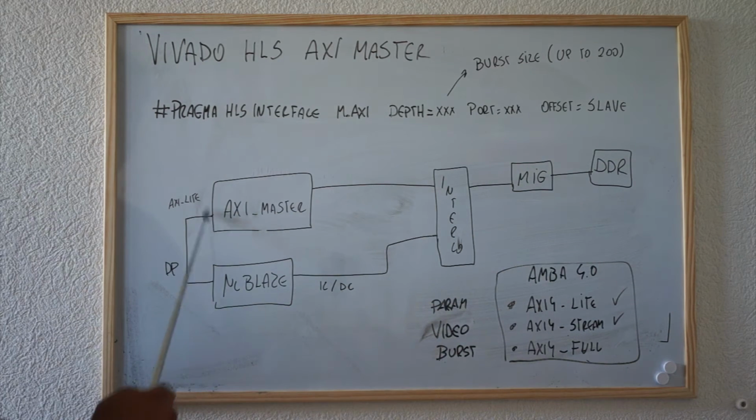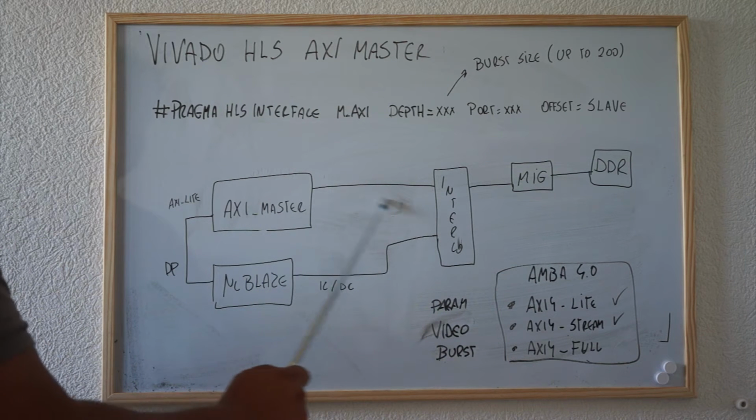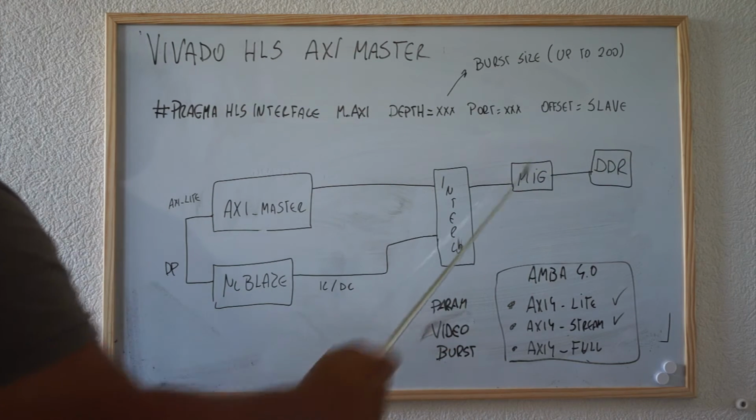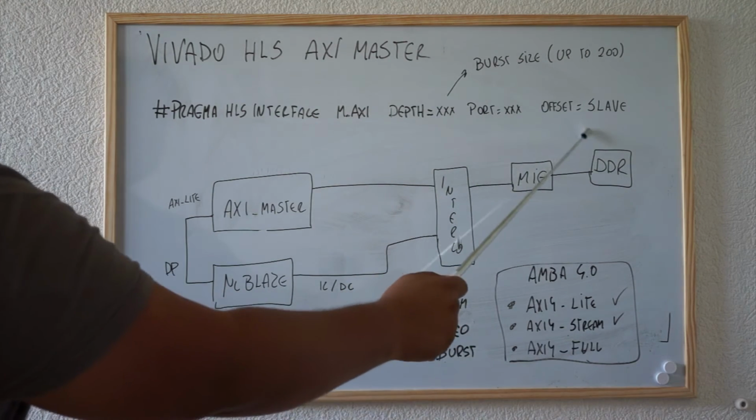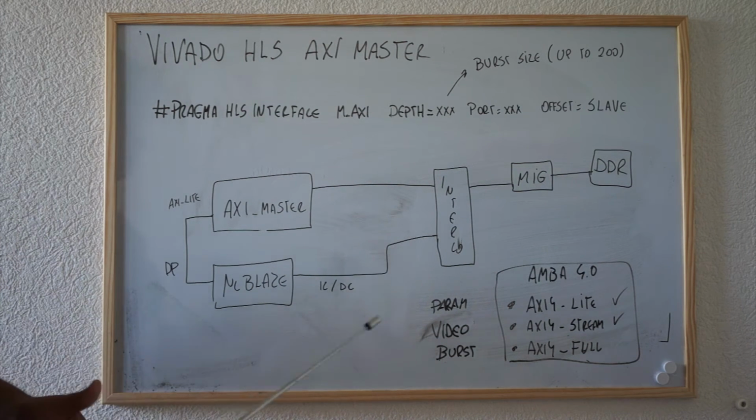So we're going to use an AXI master that is going to send some data with some address specified here. The idea is that this block works like a DMA, like really a coprocessor. It's going to work directly, without the active processing of your microprocessor, in this case MicroBlaze.